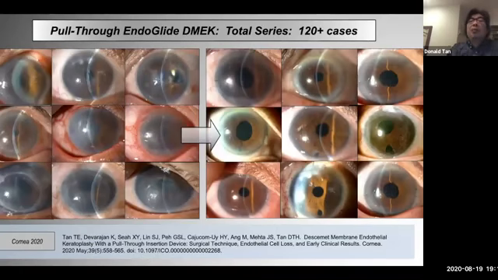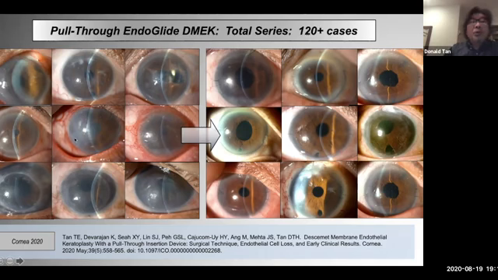And we've done, I'm not sure how many now, I think we've probably done close to 200 cases, my guess, at Singapore National Eye Center. There are a couple of surgeons, 2 or 3 surgeons using this technique, using the DMEK endoglide. And I've been doing quite a lot. So this is the publication below, but basically we are able to convert these. And you can see some of them are quite complex eyes. On the bottom here, regrafts after previous failed PKs or DSAEKs.